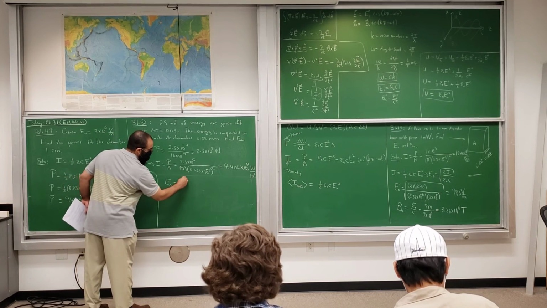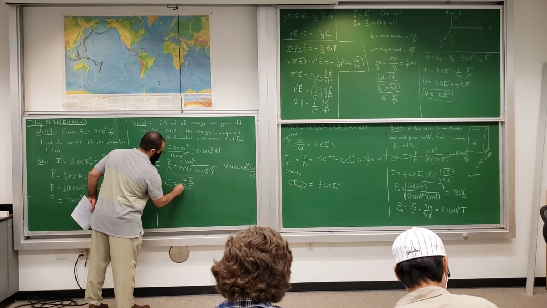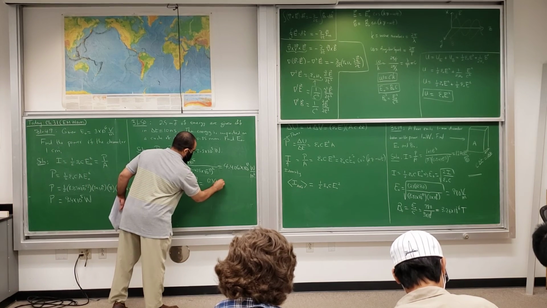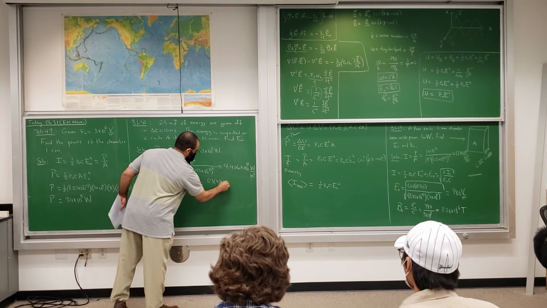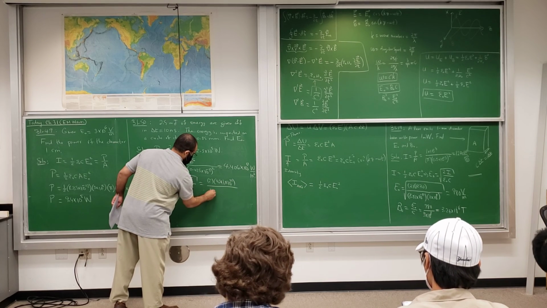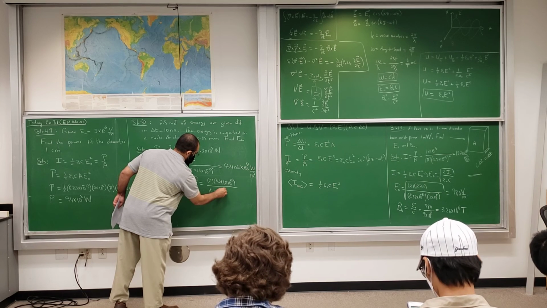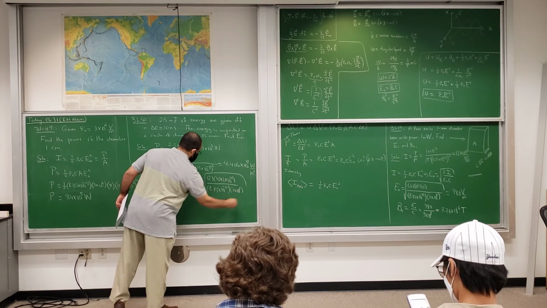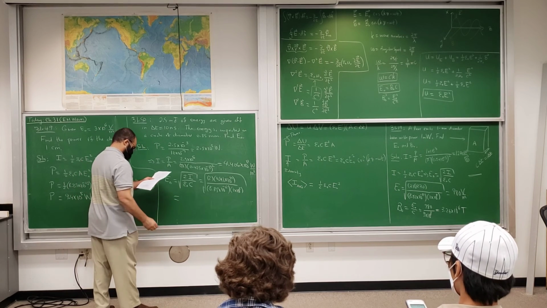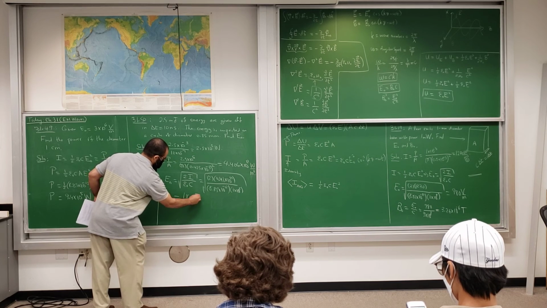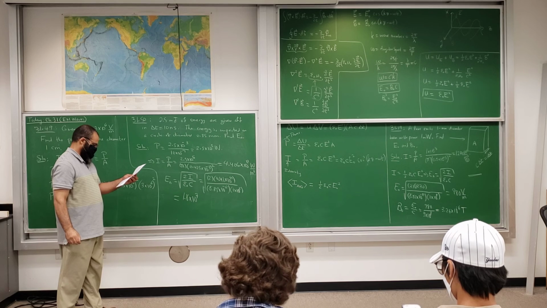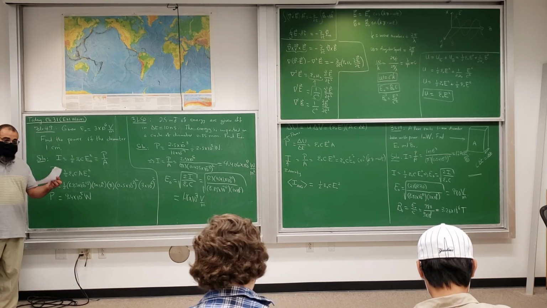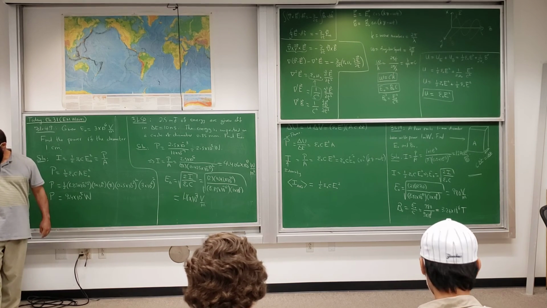So E naught would be the square root of 2 times the intensity divided by epsilon naught times C. So you get 2 times 4.41 times 10 to the 11, divided by epsilon naught, 8.85 times 10 to the minus 12, times C, which is 3 times 10 to the 8, square root of the whole thing, and we got E naught to be 1.8 times 10 to the 7 volts per meter. Hopefully that sounds good.